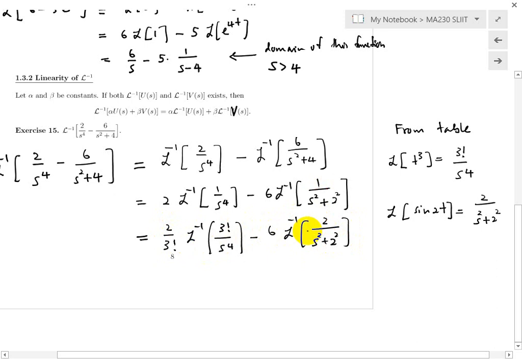If you multiply by 2 here, you need to divide by 2 here. After simplifying, this becomes 1 over 3 times the inverse Laplace transform, which straight away from the table is t cubed. And this inverse Laplace transform is sin 2t.